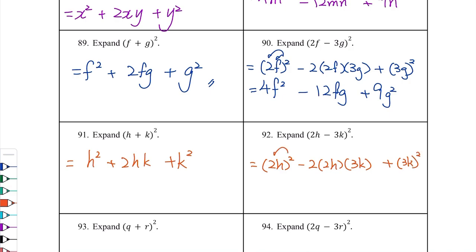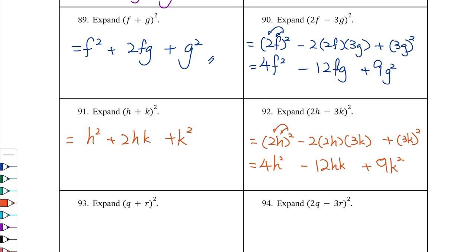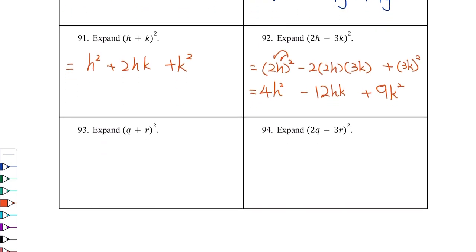The square is given to both of them. 2 square means 2 times 2, which is 4h squared. 2 times 2 times 3 is 12. 3 square means 3 times 3, which is 9. Cool. Let's continue then. The last one.